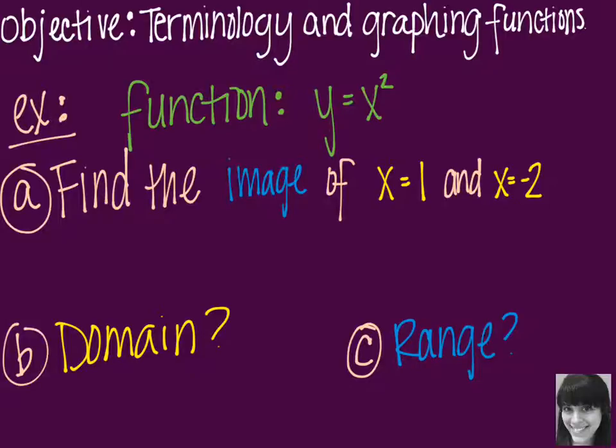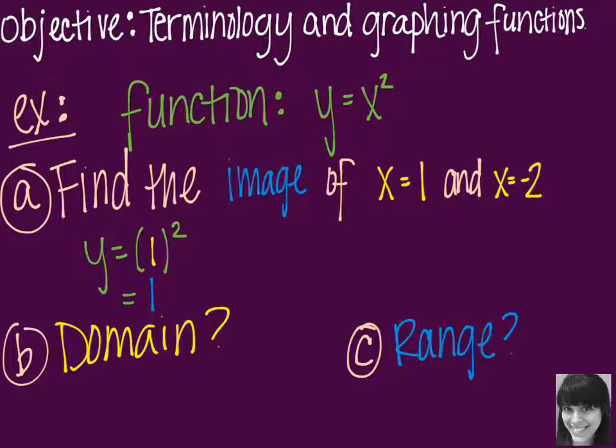I have y equals, and x equals 1, so I put 1 into the function, and the output is going to be 1, because 1 squared is 1. So the image of x equals 1 is 1.